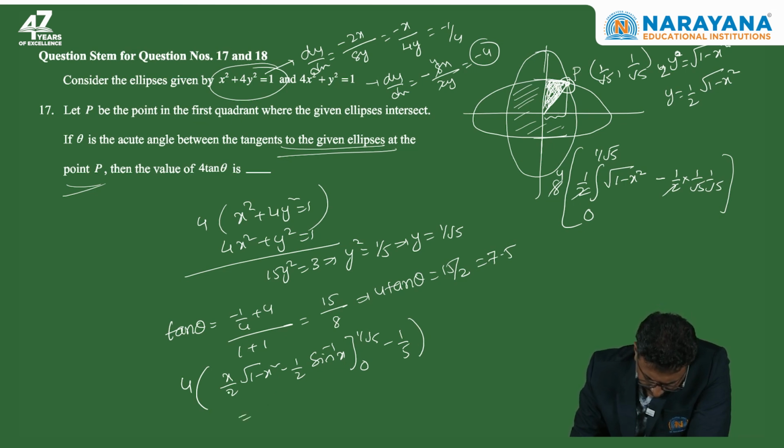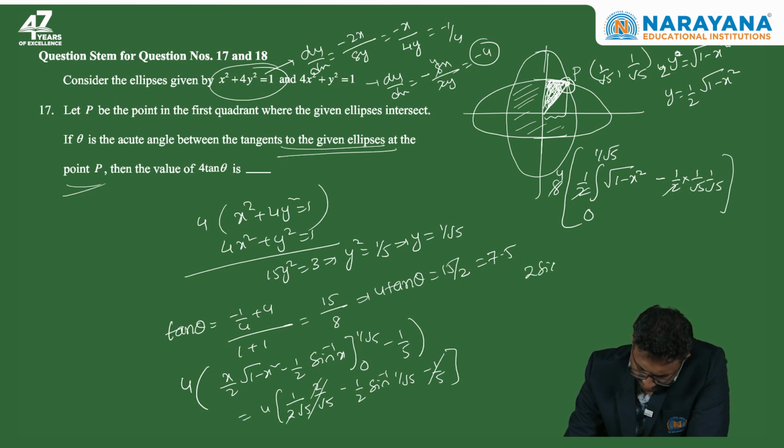If you put 1 by root 5, you get 4 times: 1 by 2 root 5 into (1 minus 1 by 5), that is 4 by 5, giving 2 by root 5 on one side, plus 1 by 2 sine inverse 1 by root 5, minus 1 by 5. So the 2 by root 5 terms and 1 by 5 get cancelled. So you're getting the area as 2 sine inverse 1 by root 5.